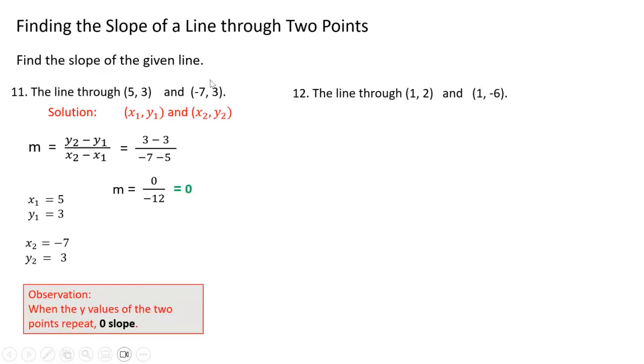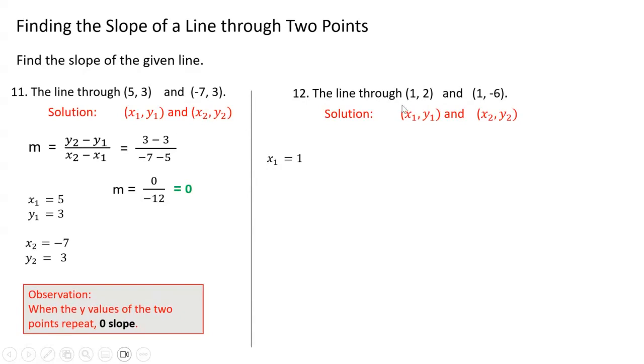If the y's repeat, like in this case, you should know that the slope will be 0. And if the x's repeat, it's going to be something else, which I'm going to prove to you on number 12. If the x's repeat, it's going to be undefined. Okay, so let's do number 12, and let's see what it gives us. We notice that the x's repeat. Let's see what it gives us when that happens.